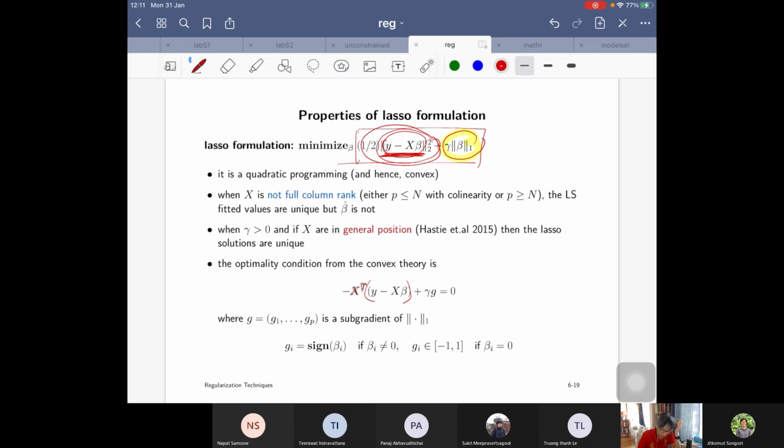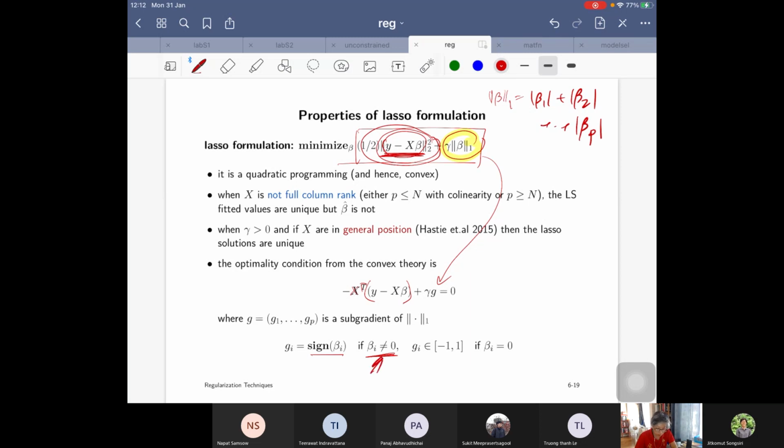Then we introduce the definition of a subgradient. A subgradient of the L1 norm function is going to be the sign function when beta is non-zero. Why? Because the L1 norm, remember, is the sum of the absolute values of n components.